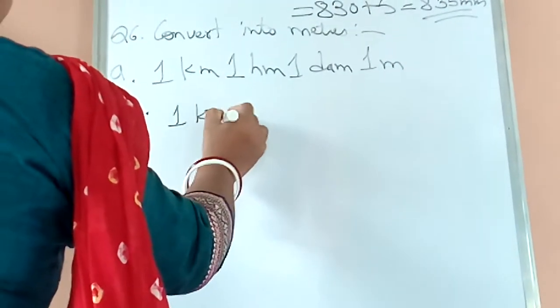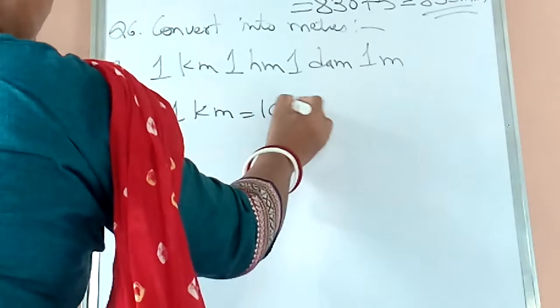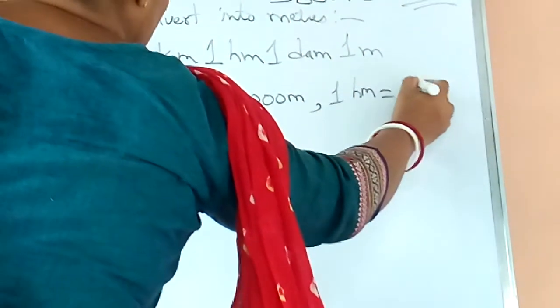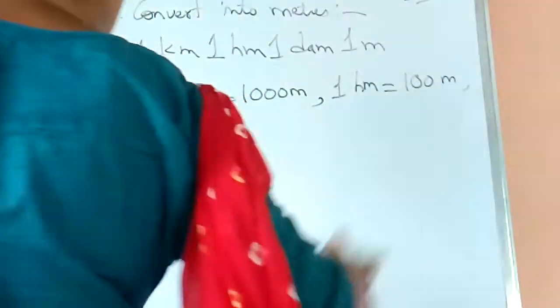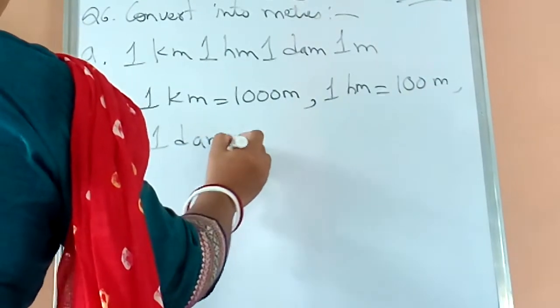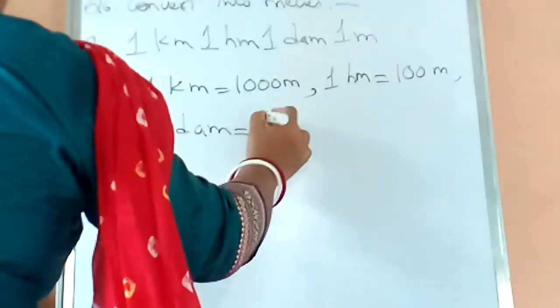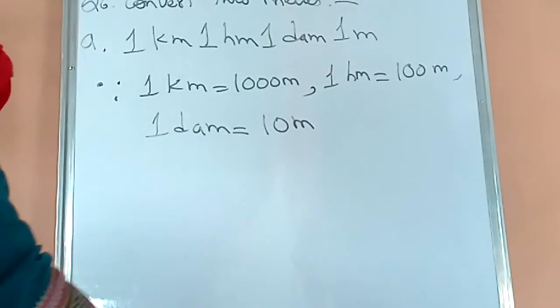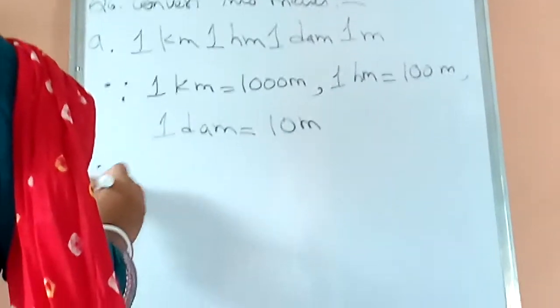1 kilometer is equal to 1000 meter, then 1 hectometer is equal to 100 meter. Next 1 decameter is equal to 10 meter. Okay, so these are the three things. And let's start the question.